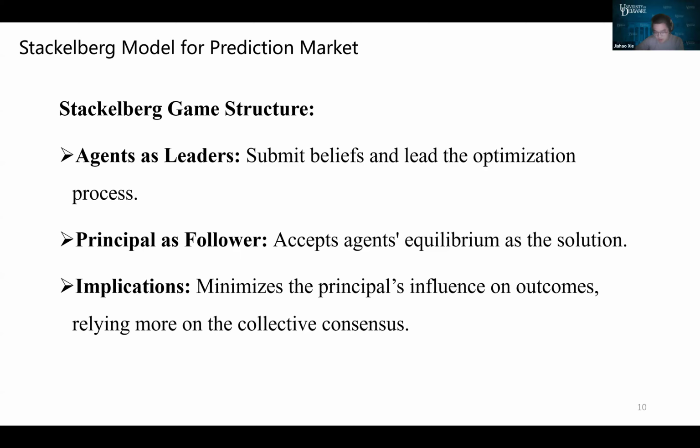This model is powerful because it changes the focus from the principal's perspective to the agents' collective view. By following the crowd's equilibrium, the principal's subjective influence can be reduced, making the optimization process more crowd-driven and objective.